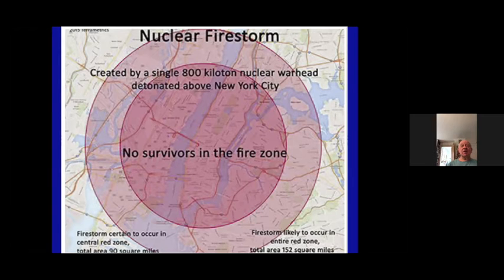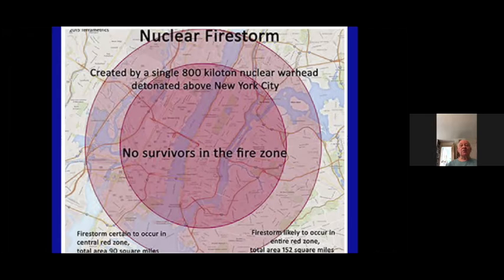And we can see here that compared to a simple uranium-235 or plutonium bomb that was used against Hiroshima that would affect a much smaller area, a huge part of New York City would be totally destroyed with no survivors, and then a surrounding region in which a firestorm is likely to occur in a huge area.